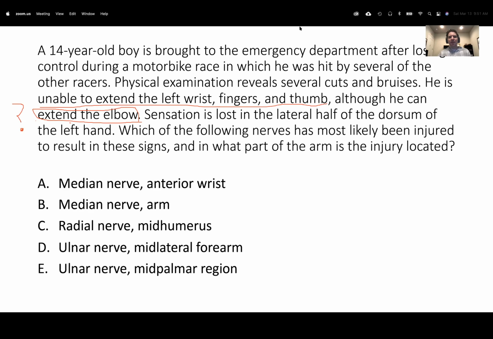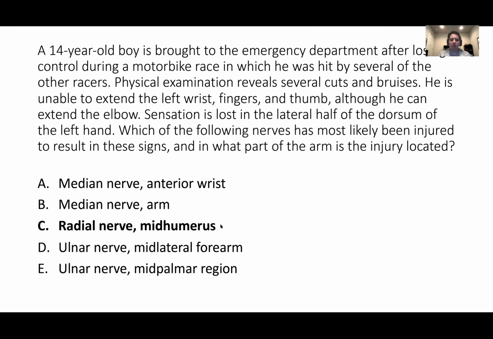At the point of the radial nerve at the mid-humerus, all of these symptoms are involved. So that's the most proximal injury listed here that includes everything. Now you could say, couldn't it be affected a little bit lower down? Technically, maybe, but you're looking for the most proximal area. Okay, so that's the point I wanted to make.